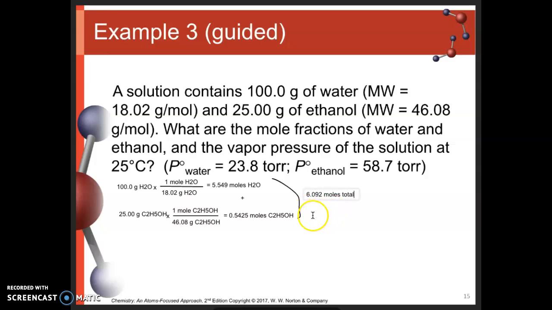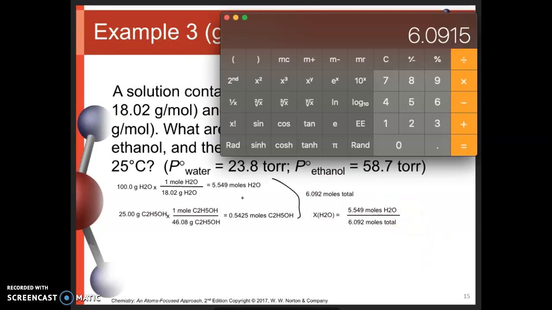And so the mole fraction of water would be equal to 5.549 moles of water divided by 6.092 moles total. 5.549 divided by 6.092 is 0.9109.